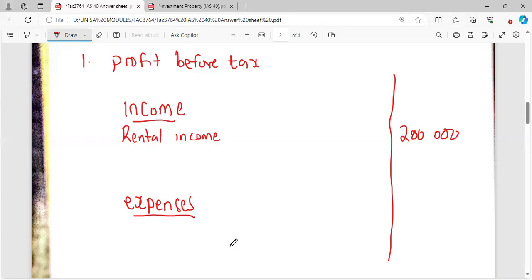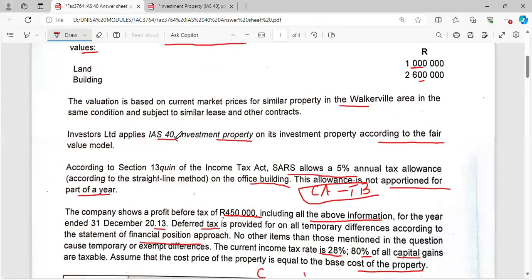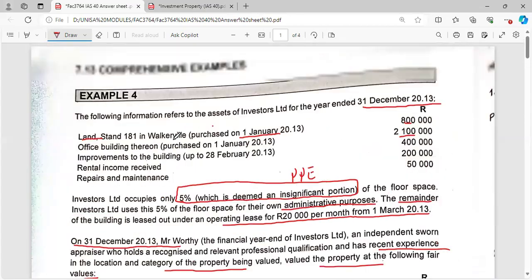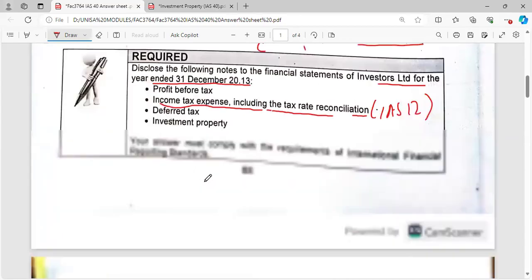What else are we going to take from the information that we have? We have the rental income. Then the repairs and maintenance is going to be an expense. Am I right? Yes. So we take that one.